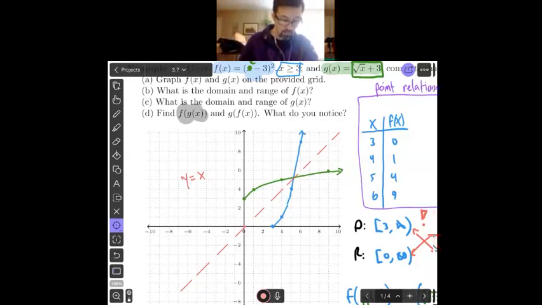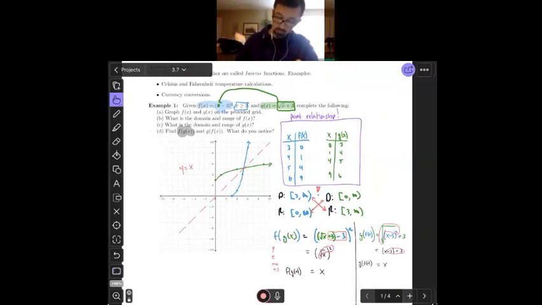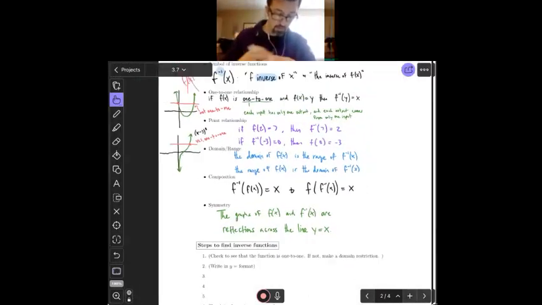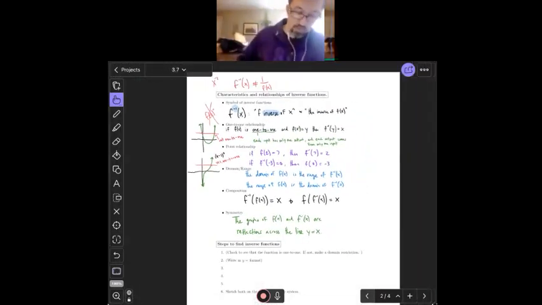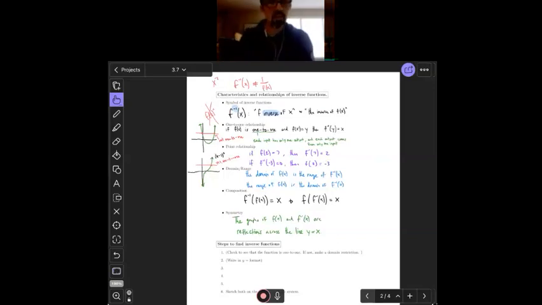If you have this point here, you can say, okay, well, its reflection would be at 3, 0, right? If I have this point at 4, 5, then its reflection must be at 5, 4. So you can also use that to help you find the new graph. So those are kind of the features, the relationships when you look at characteristics of inverse functions.